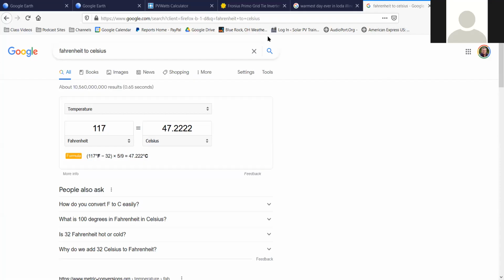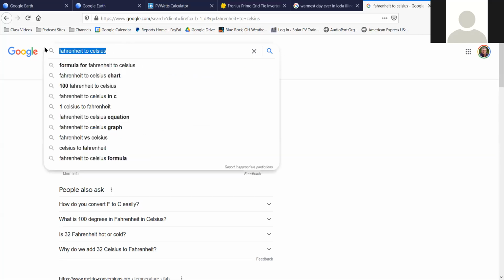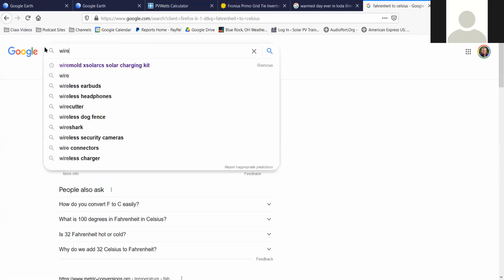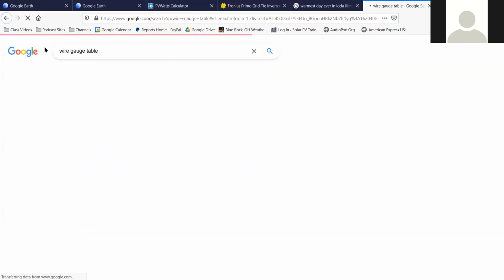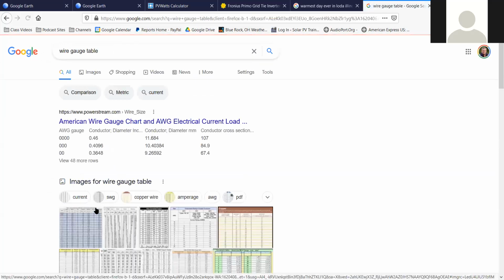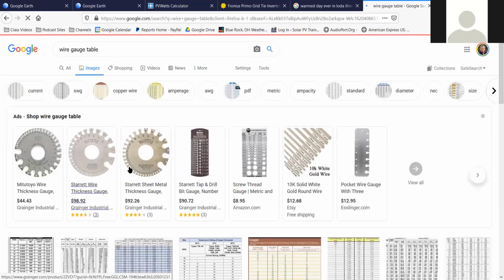Remember that these panels generally come with 12 gauge wire. So let's look up the wire gauge table.